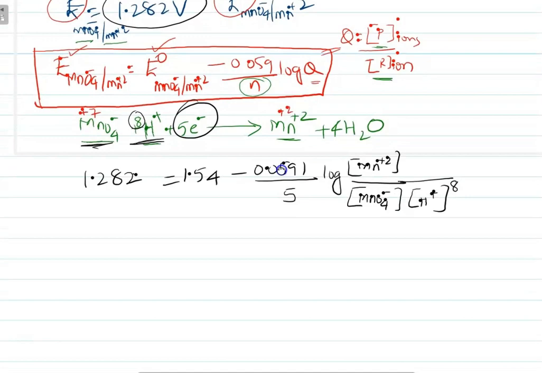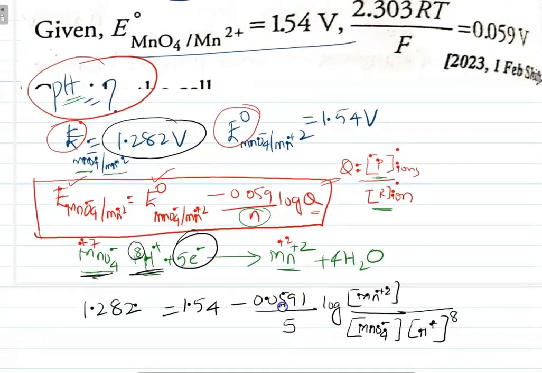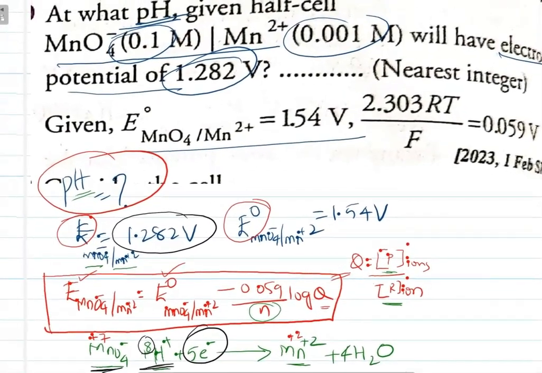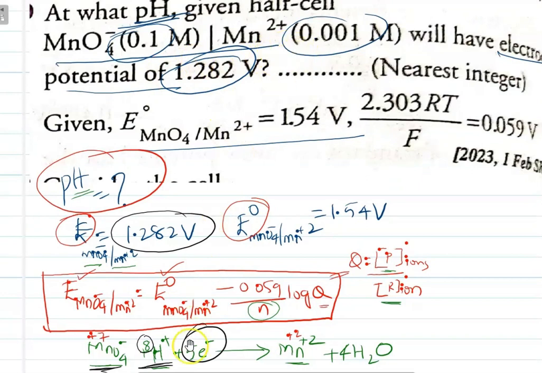After that, we just need to solve this and get the answer. The concentration of Mn plus 2 is given, and the MnO4 minus concentration is also given as 0.1, so we need to substitute those here.